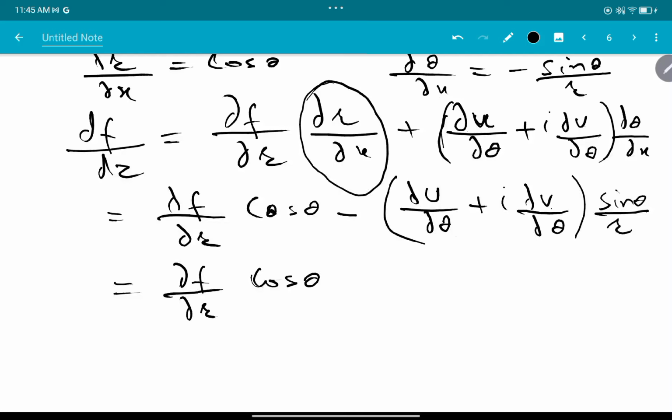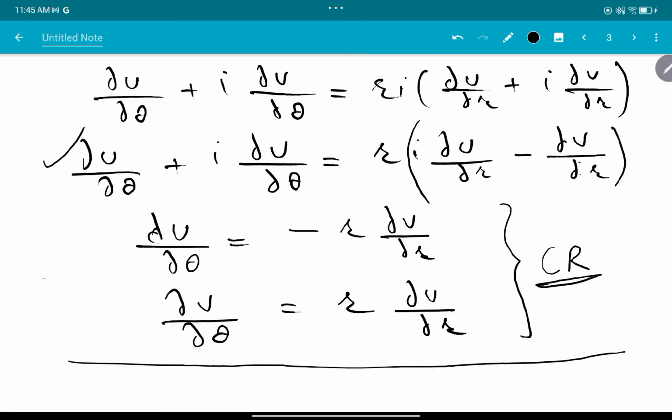Now, can I replace this del u by del theta plus i del v by del theta? Yes, the solution is that I have already derived the CR equations in polar coordinates, and that was my previous question.